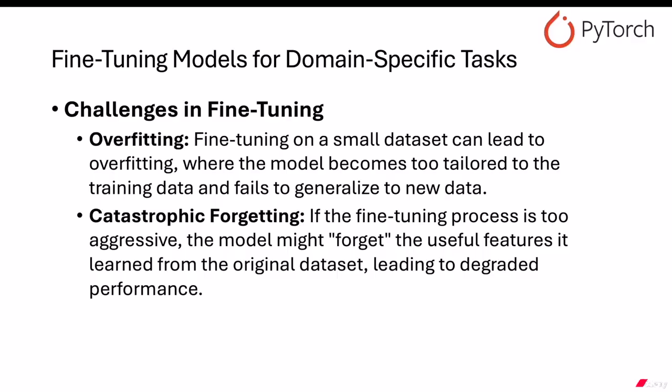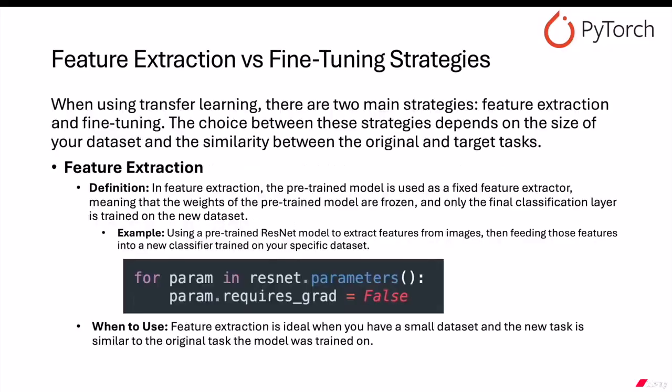Fine-tuning on a small dataset can lead to overfitting, where the model becomes too tailored to the training data and fails to generalize to new data. Catastrophic forgetting. If the fine-tuning process is too aggressive, the model might forget the useful features it learned from the original dataset, leading to degraded performance.